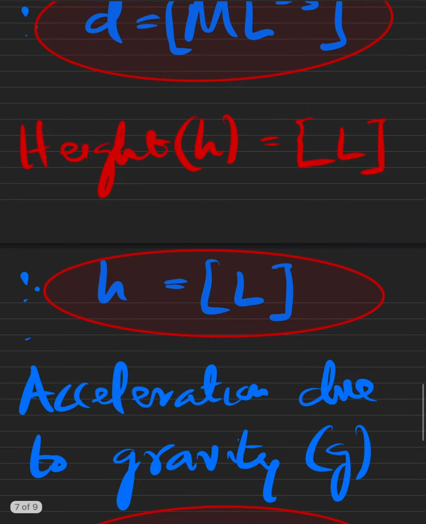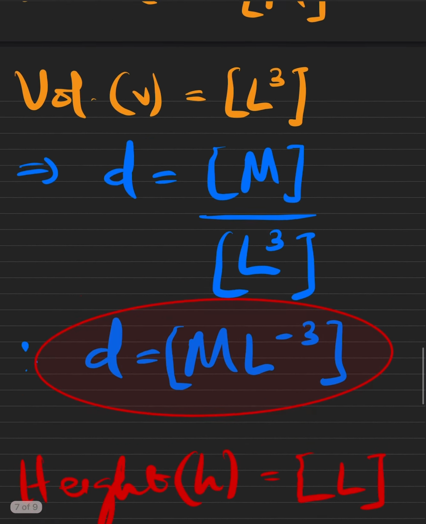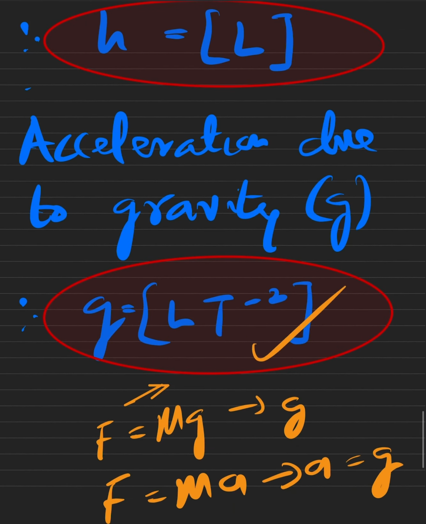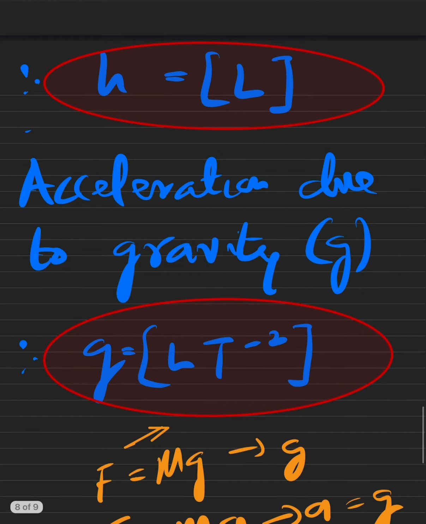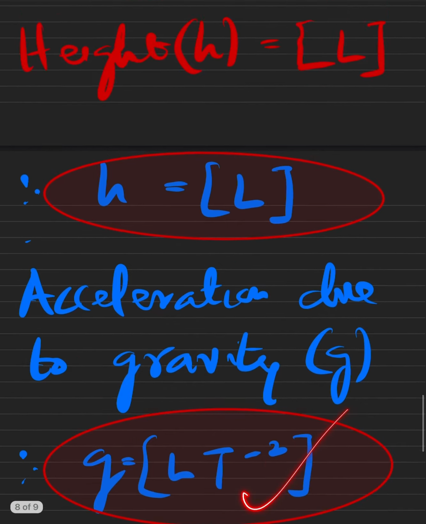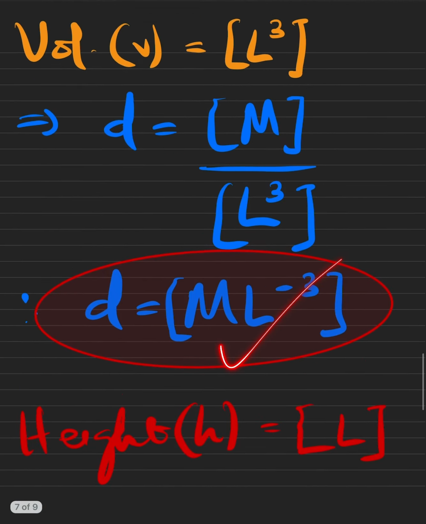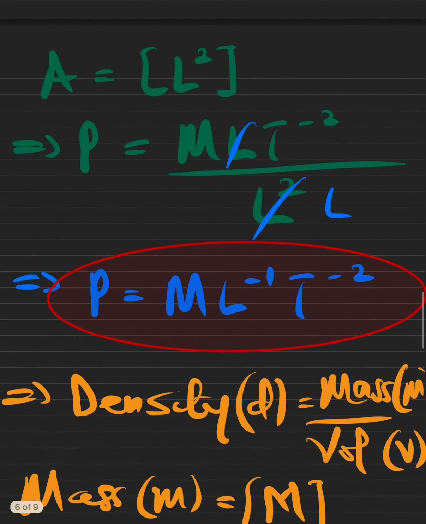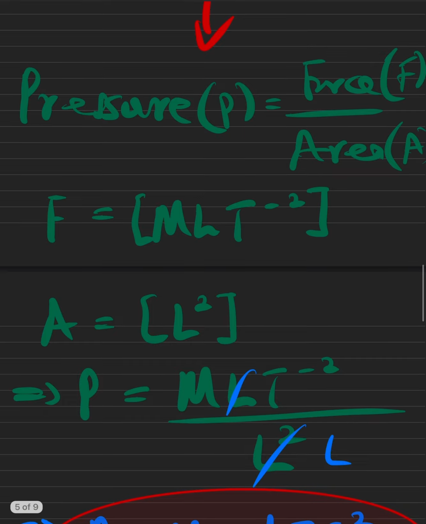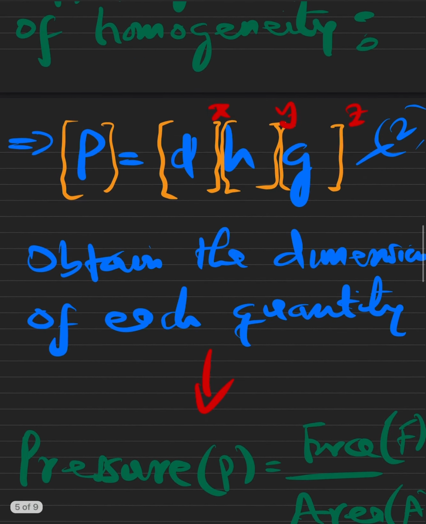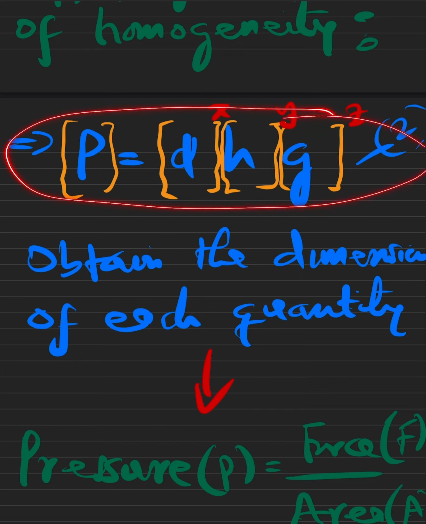So now if you check, we have been able to get the 4, this is the first one, right? First, second, third, and then the pressure itself. So we are now going to put all of those dimensions we have gotten into this equation 2, right?